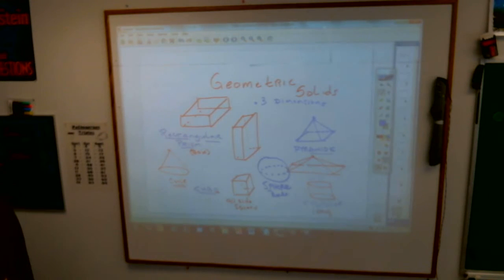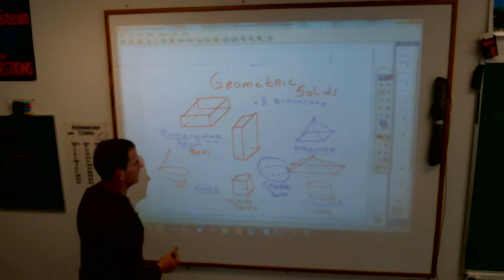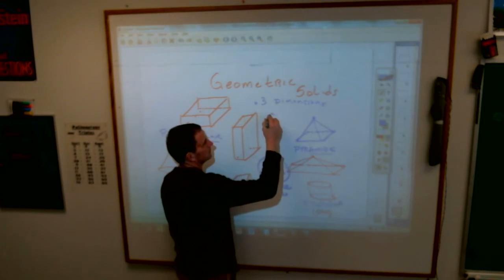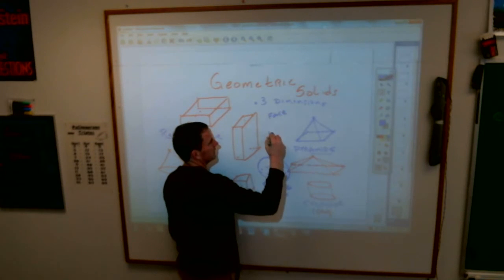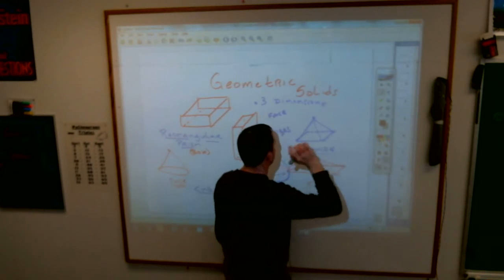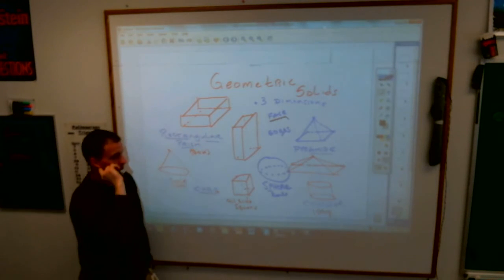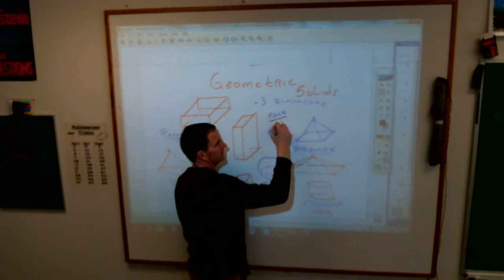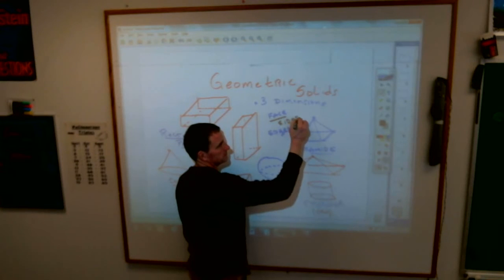And then with that, ladies and gentlemen, we have to talk about a couple characteristics, and that is faces and edges. What is the difference between a face and an edge? Do you know what a face is? Sophia? Well, it's the front and it's basically all the sides.